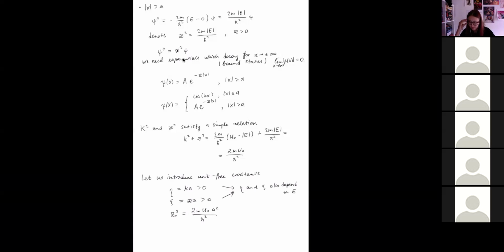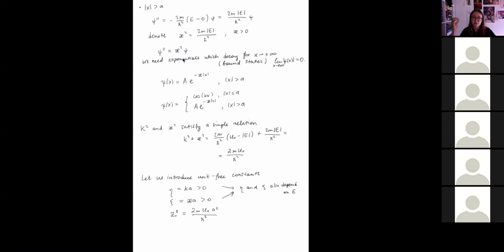However, the last constant, Z0 squared, does not depend on energy. It just depends on the initial setup of the problem. So the mass of the particle, the width of the well, and also the depth of the well.